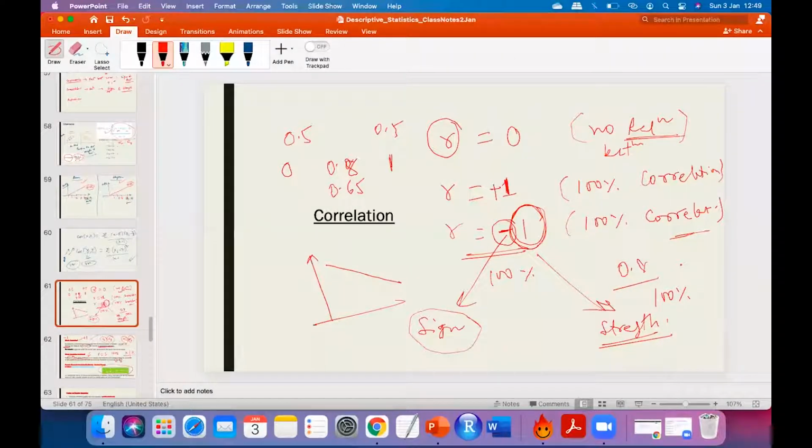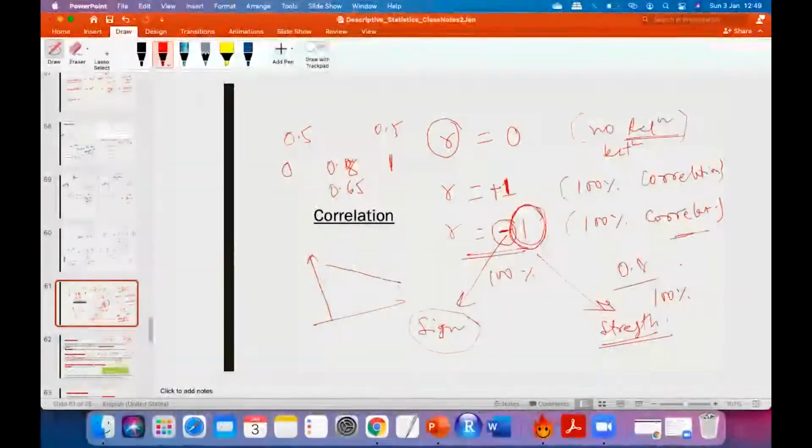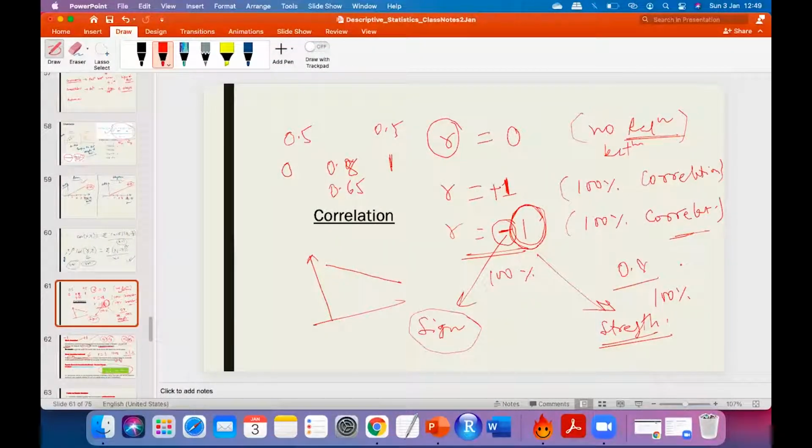Yes, actually, we understood the concept, but can you give any example? I'm coming to that. But did you understand the sign and strength? Yes. But we are going to solve questions also. You took the example of Ram and Sham, right?